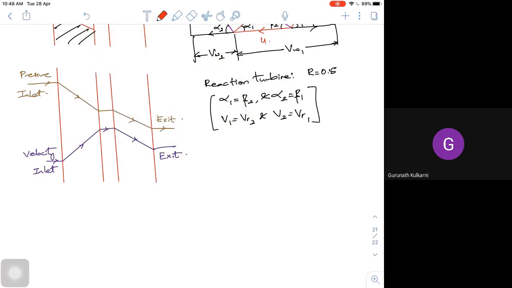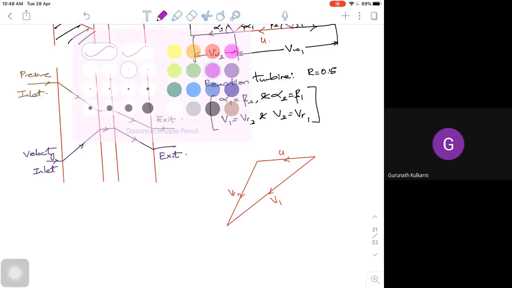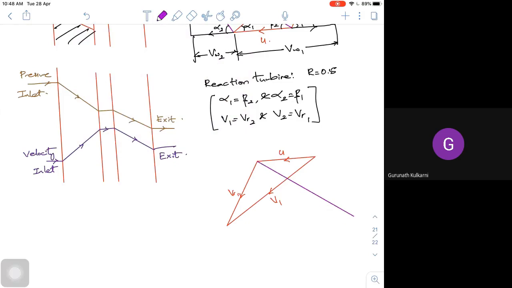You might have written the velocity in this direction, and the V1 in this direction, VR1 in this direction, then your VR2.